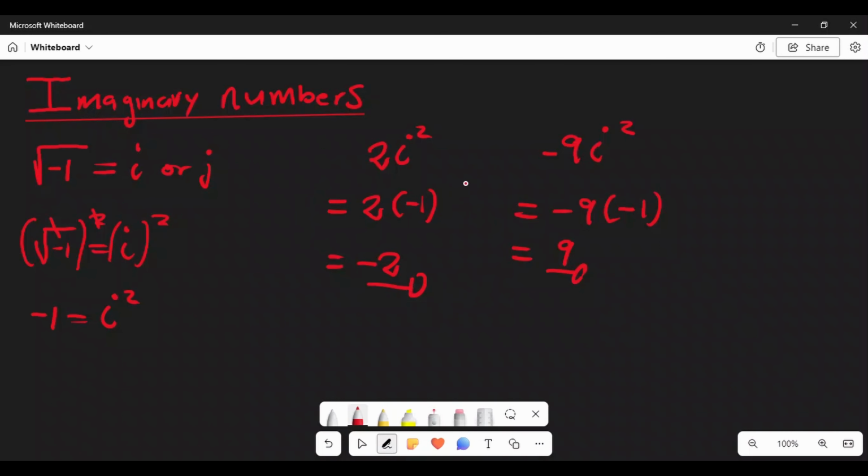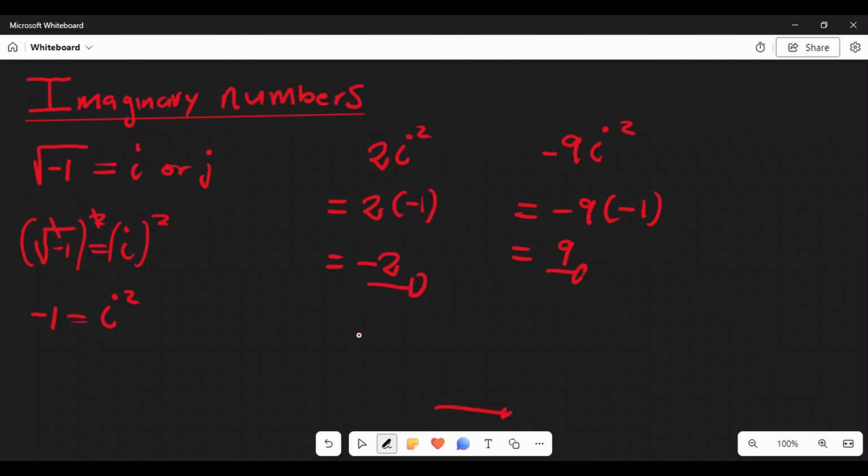Guys, so this is how we do some calculations on imaginary numbers. I'm not going to go further and try to solve other complicated questions. On the next video we're going to do those questions that are complicated.